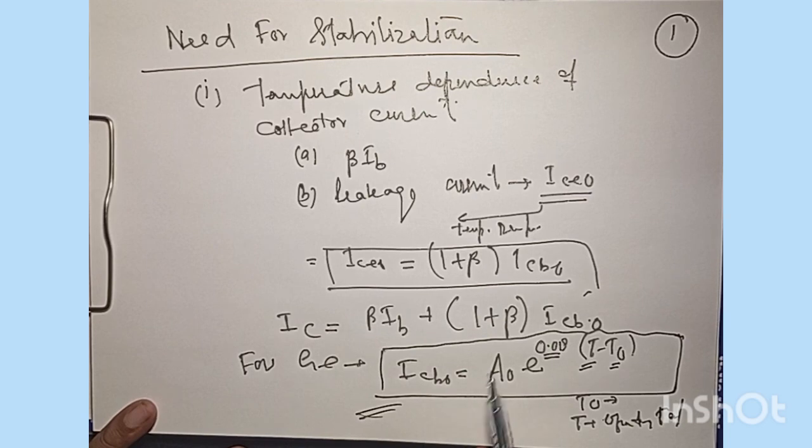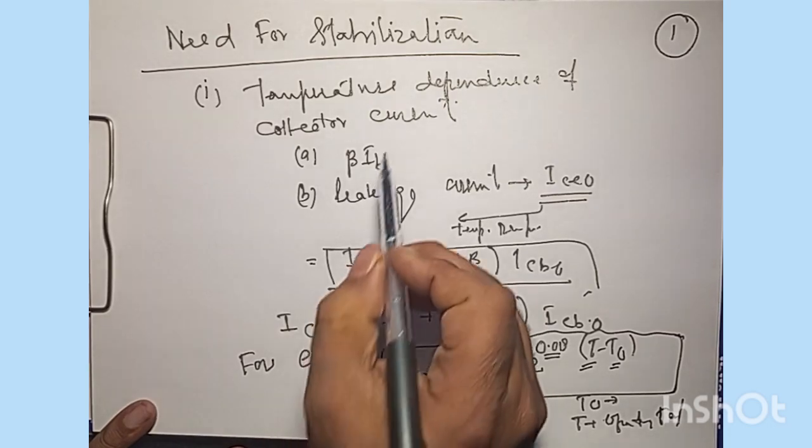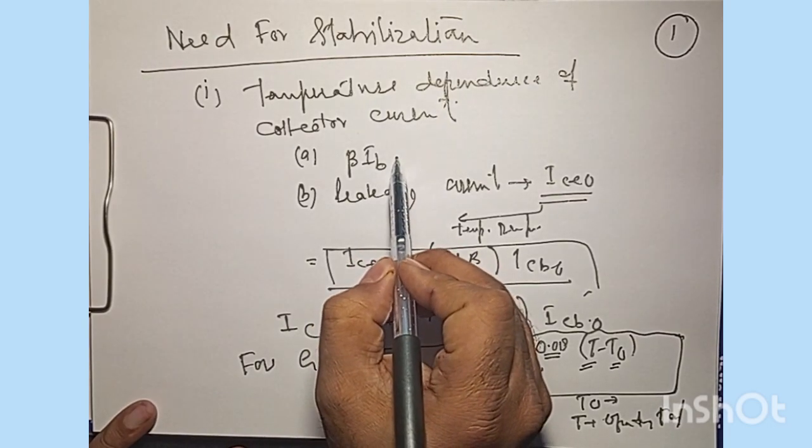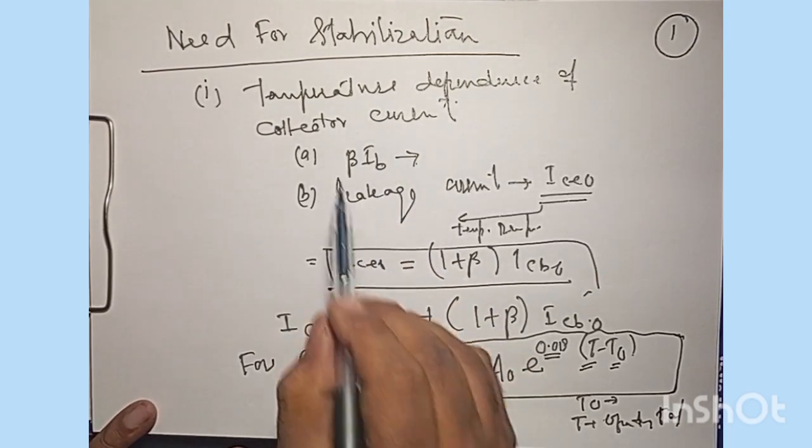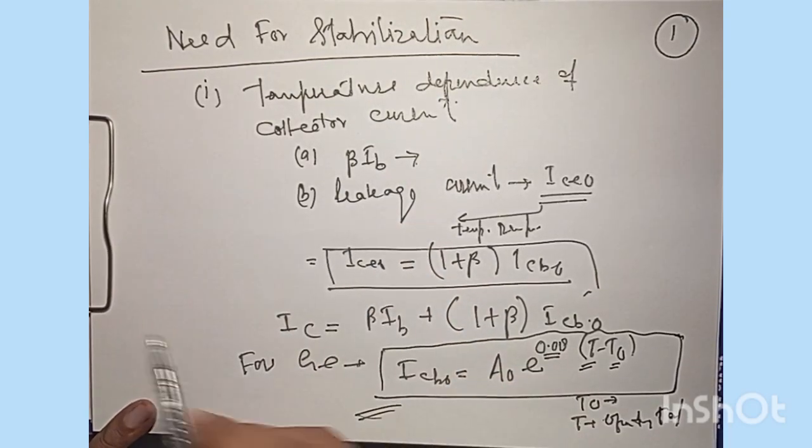So certainly something wrong is going on when there is variation in temperature. Even though there is no problem with beta IB, IC is influenced by this reverse leakage current.